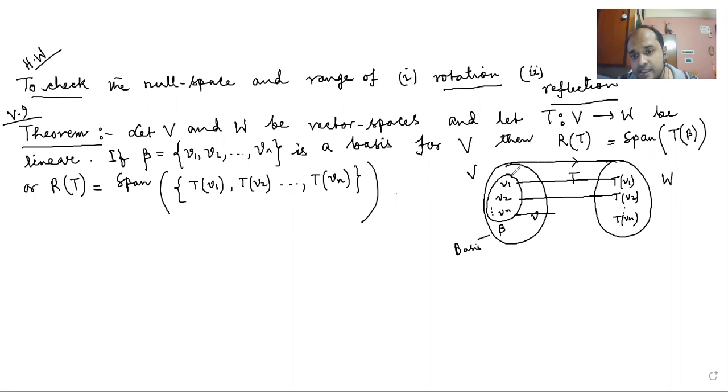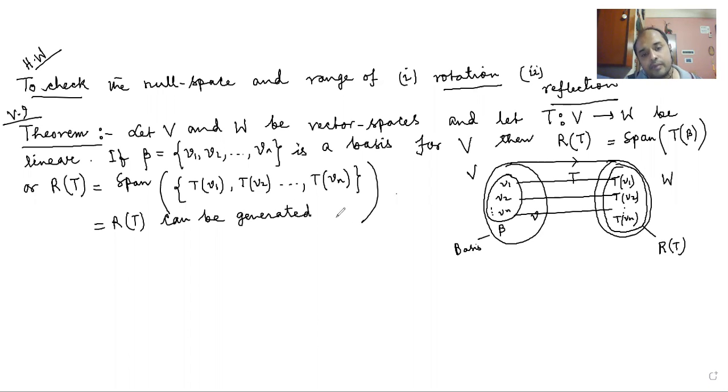Since these points are a basis of the vector space V, R(T), the range of T, which is a subset of W, can be generated by the images of these basis points.